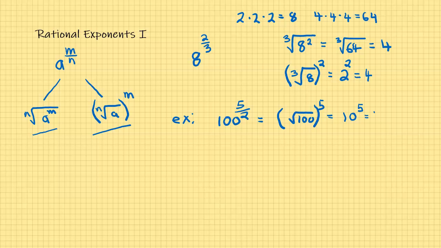So I'm going to write a 1 here, and then I'm going to write 5 zeros. 1, 2, 3, 4, and 5. Okay, so there's the answer, 100,000. So 100 to the 5 halves power is equal to 100,000. Let's try another example.